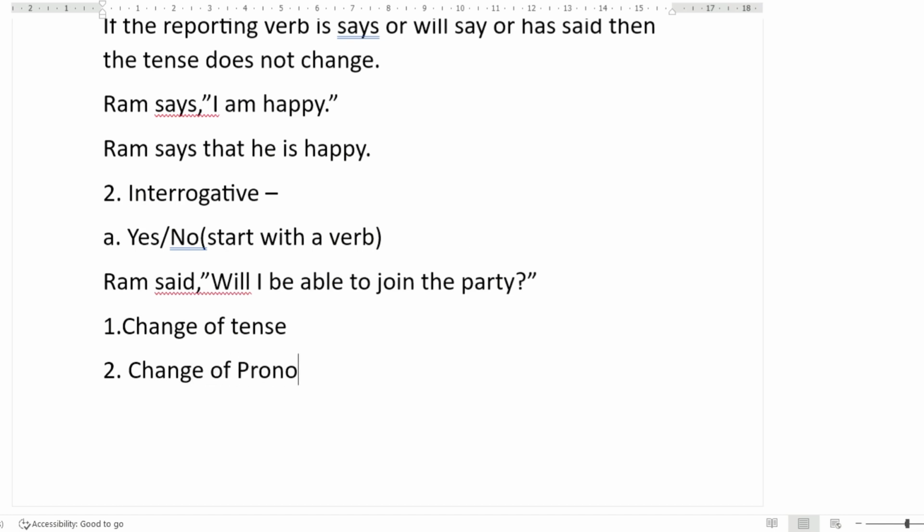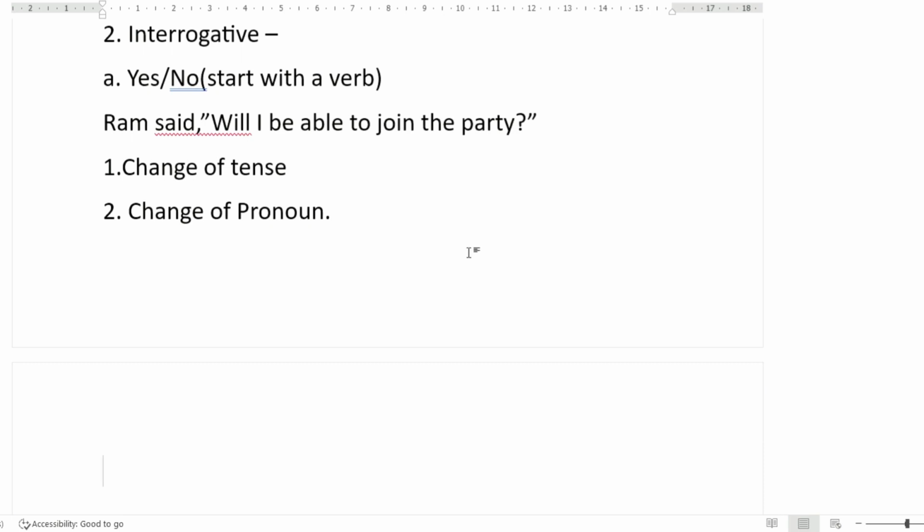Next, rule number 3. In this case, to remove comma and inverted comma, I will not use that. If or whether will be used to remove comma or inverted comma.